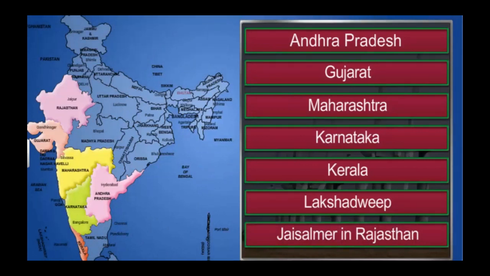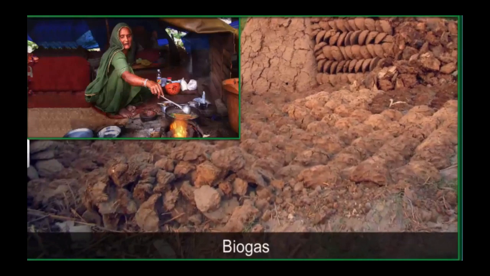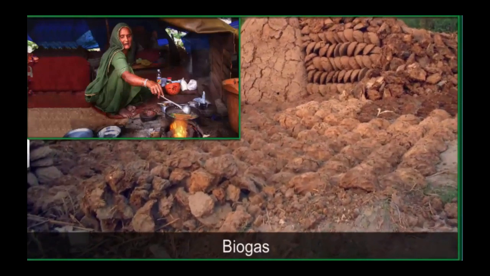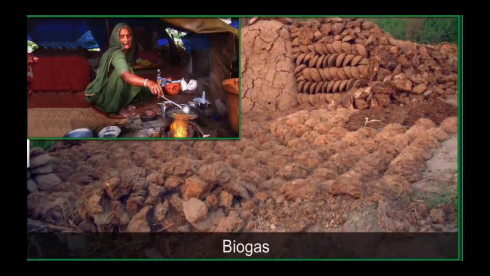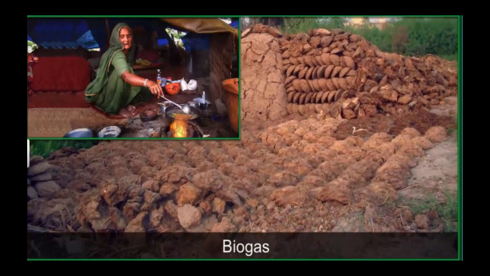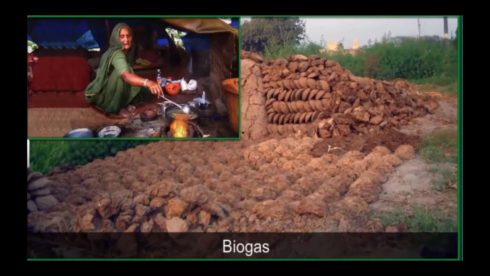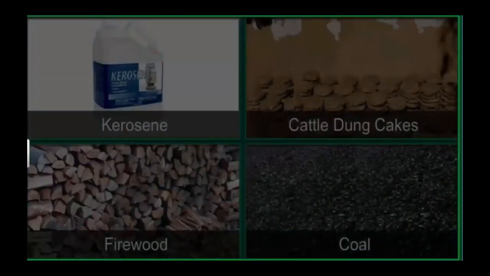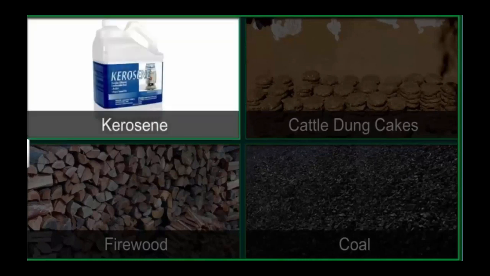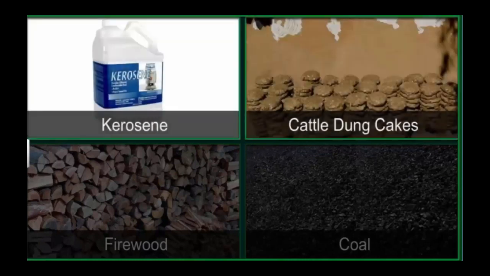You must have seen cattle dung cakes being used as fuel in villages. This waste can be put to better use. Animal, human, and farm waste produce biogas on decomposition, which is a better fuel than kerosene, cattle dung cakes, firewood, and coal.